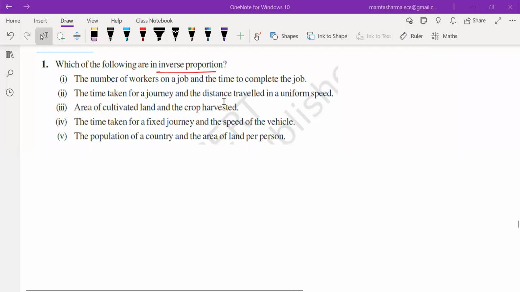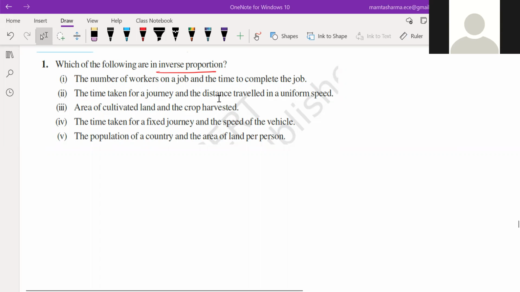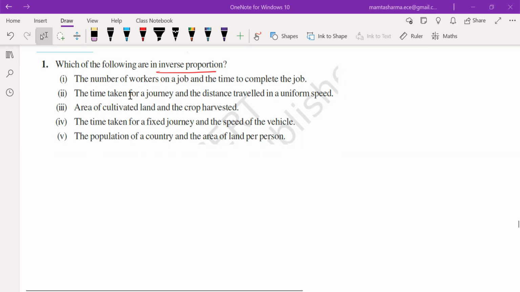If you travel a longer distance, maybe in a train or car or by any means of transport, the time taken for that journey would be more. If one has to go to Bangalore and one has to go to Delhi, who will take more time? If distance is more, the time taken would be more.